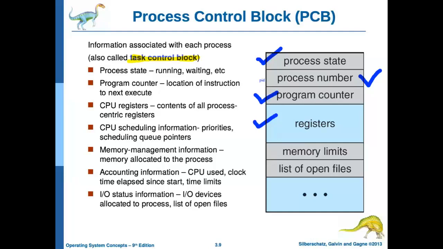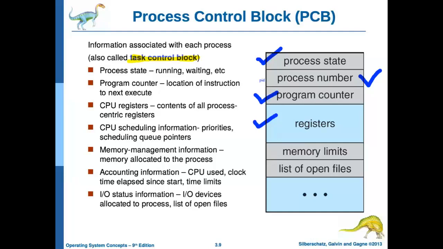Now whenever you are coming back, maybe you will continue with the addition, like loading the second operand, but what happens to first operand? That also has to be stored somewhere, and that is the reason the CPU registers are stored somewhere, and the location for that is PCB, process control block. Okay, so CPU registers are there.